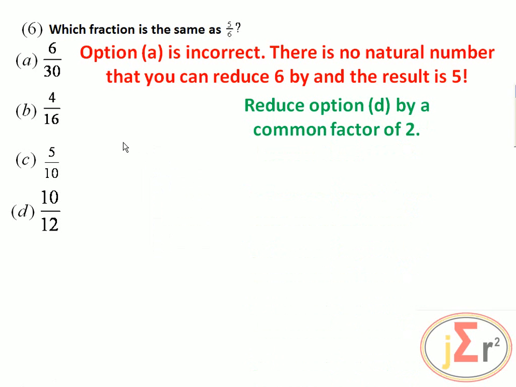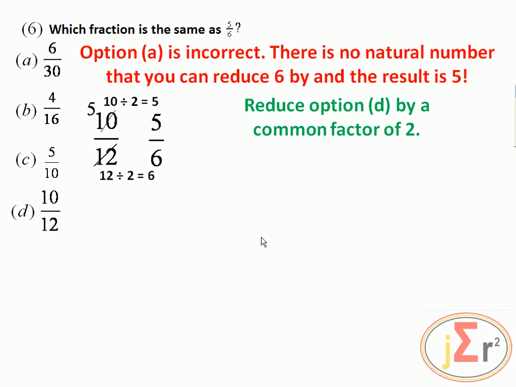Reduce option D by a common factor of 2. So option D, reduce that by a common factor of 2, we get? 5. Right, 2 into 10 is 5, and then 2 into 12 will be 6. Do we get the result that we have here for the fraction that we are trying to see if one of these options is equivalent to?